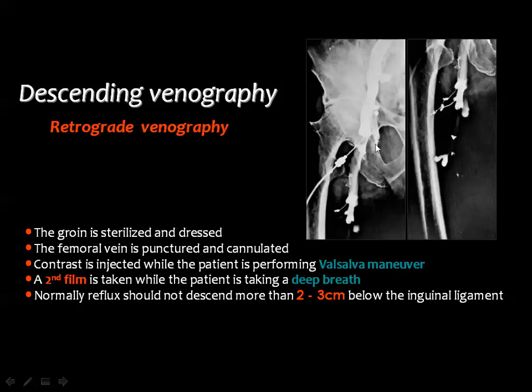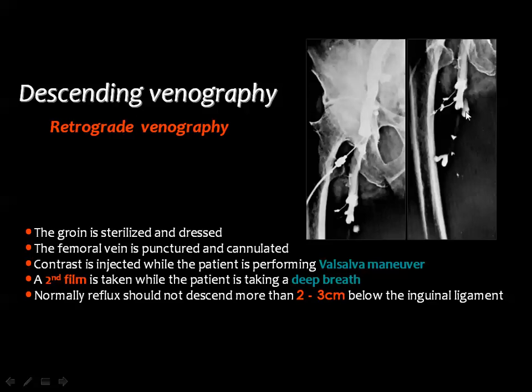We put a cannula in the common femoral vein, and we inject contrast while the patient is performing Valsalva maneuver, and the second film is taken while the patient is taking a deep breath. Then if the valves are competent, the descent of contrast material should not be more than 2 to 3 centimeters below the level of the inguinal ligament.